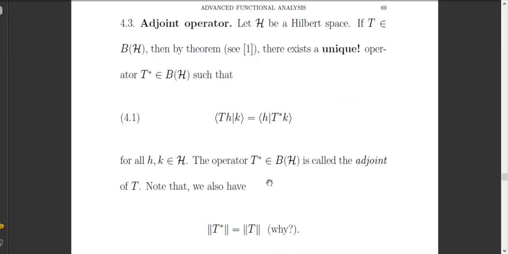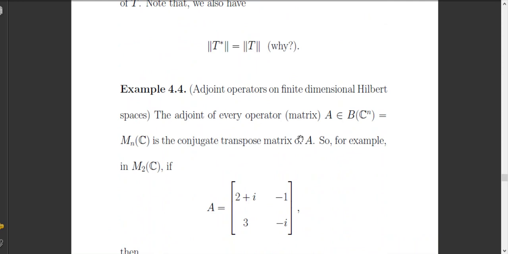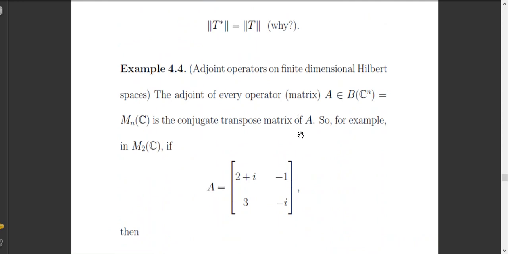Okay, let's go back here. Starting with some examples, the first example here: the adjoint operators on finite dimensional Hilbert spaces. Suppose that we have a bounded linear operator on a finite dimensional Hilbert space, let's say an n-dimensional Hilbert space.